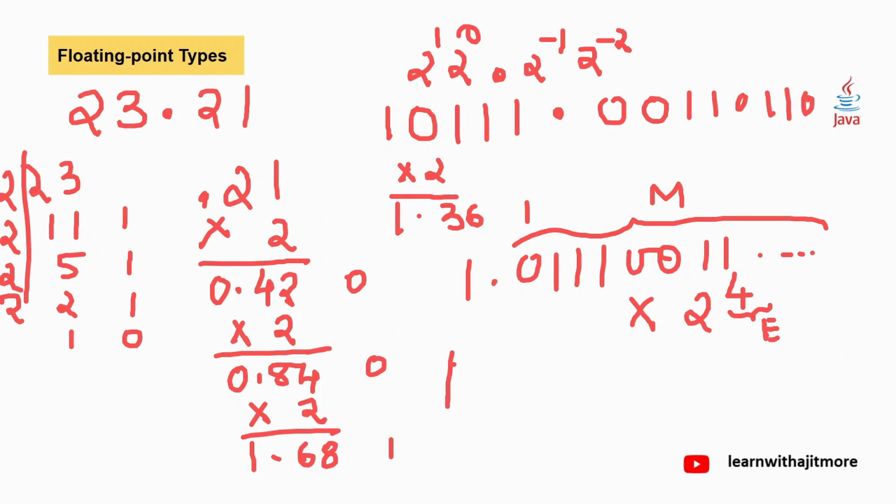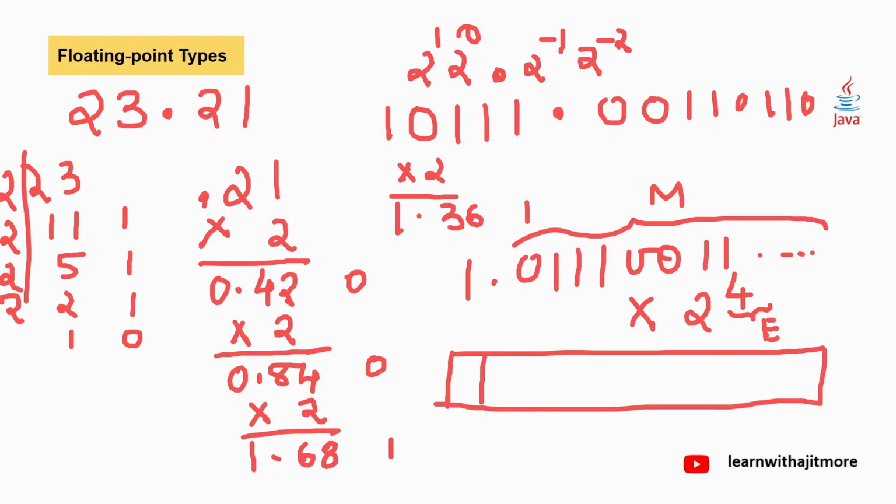See here, if it is float, how the storage is: 24 bits will be for mantissa, 7 bits for exponent, and 1 bit for sign. So if the number is positive, here you store 0. If it is negative, here you store 1.